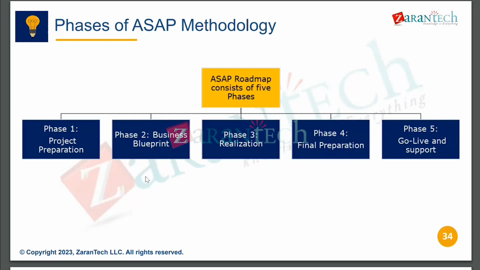The business blueprint phase is very important. Here we study the existing solution, whichever way the business is currently running, and based on understanding the current business processes, we can club multiple business scenarios into a single business scenario.